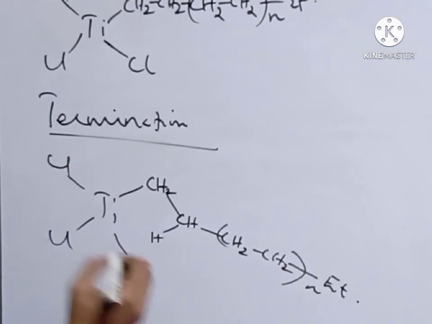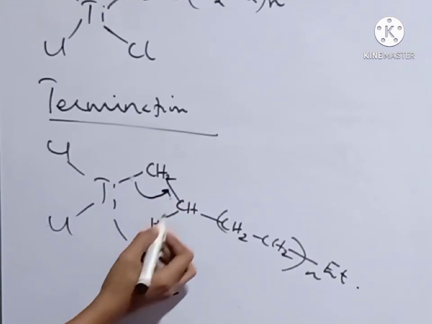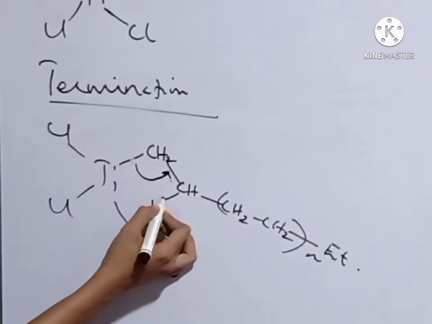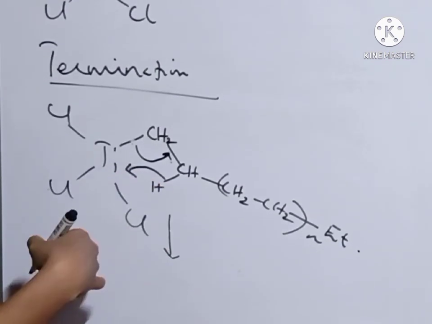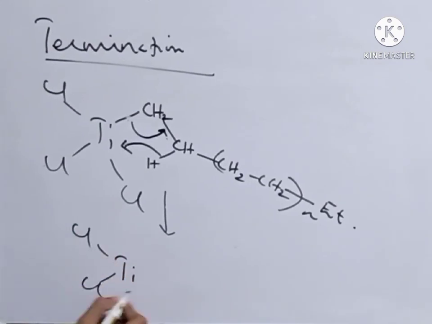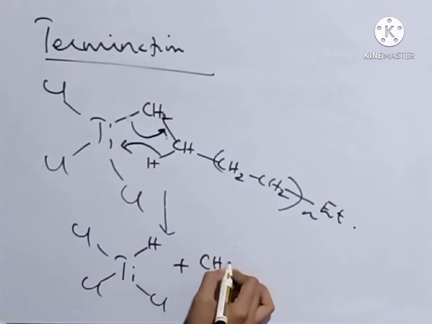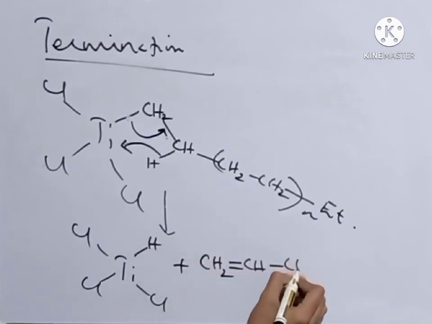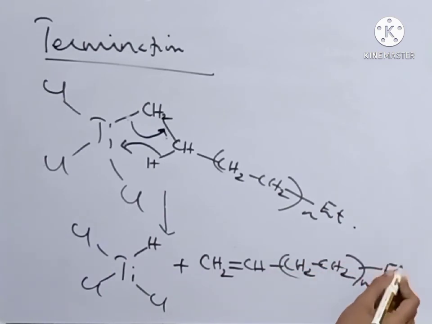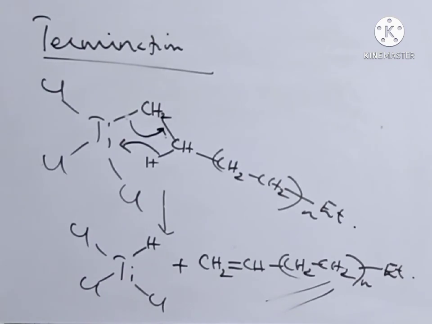Then in the termination step, this bond shifts to here and this carbon hydrogen bond shifts here. So finally we'll get titanium Cl3H plus CH2 double bond CH, CH2 CH2 n times Et. So finally we got the polymer. This is the entire mechanism of Ziegler-Natta polymerization.